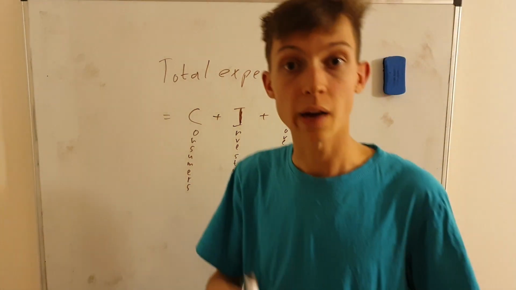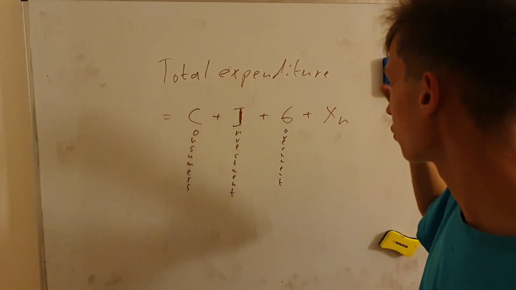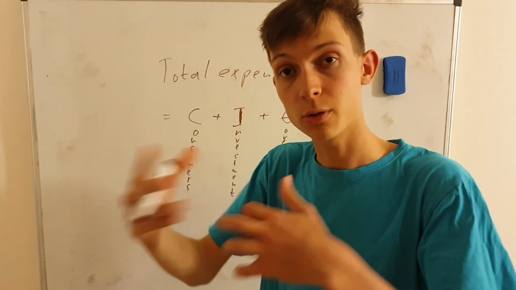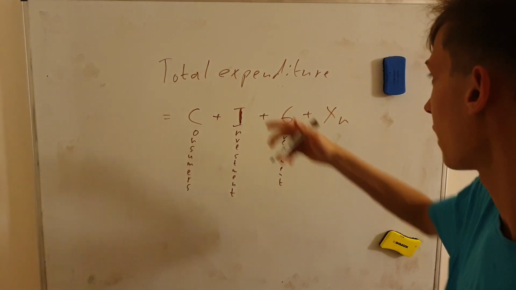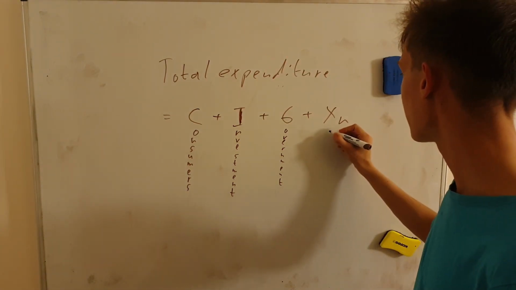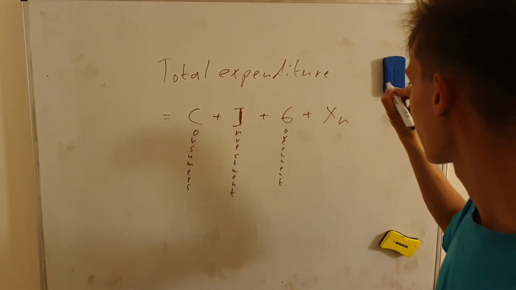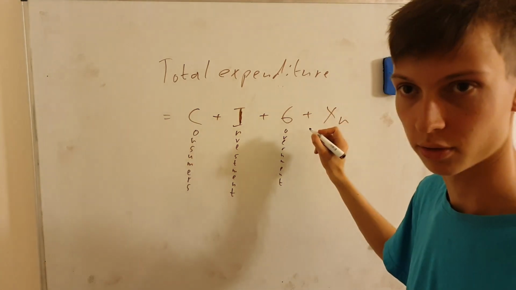Government spending. Let's say the government decides it's going to use money to spend on something, and that's again increasing the total expenditure in the economy. And then the last thing, it's also increasing the money flow, and that is net exports.